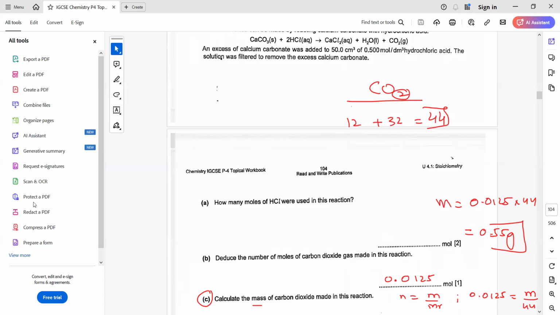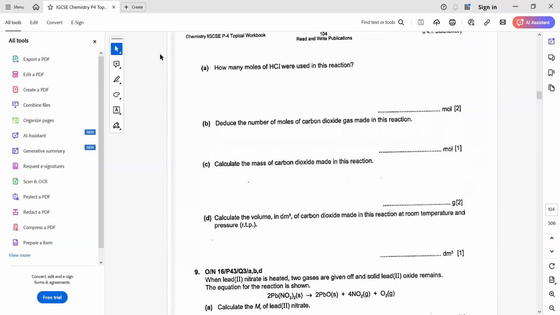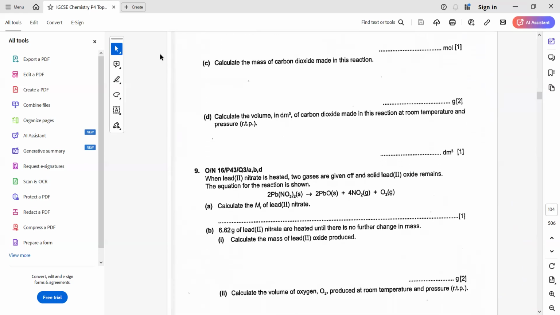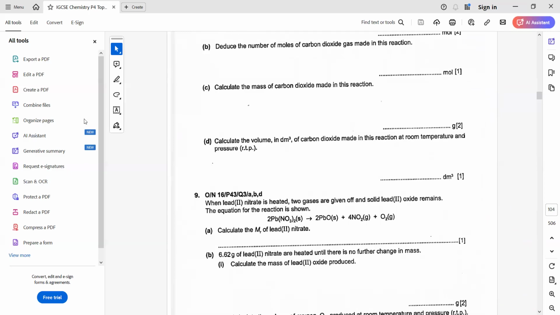Let's move to another question. Then it also asks us to calculate the volume in cubic decimeter. We just figured out the moles. So how do we figure out volume? Now the original formula comes into play: moles equals volume upon 24.